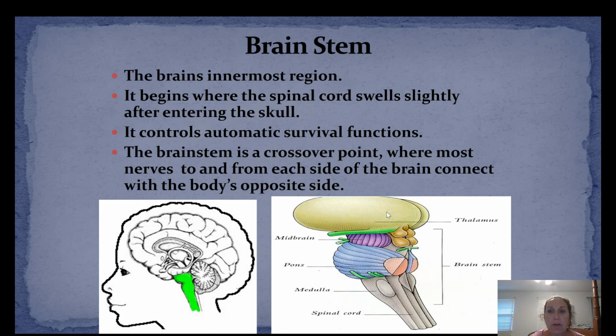The brainstem is a crossover point where most nerves to and from each side of the brain connect with the body's opposite side. So this is interesting because the right side of your brain controls the left side of your body, and the left side of your brain controls the right side of your body. So this is where things cross over in your brain.